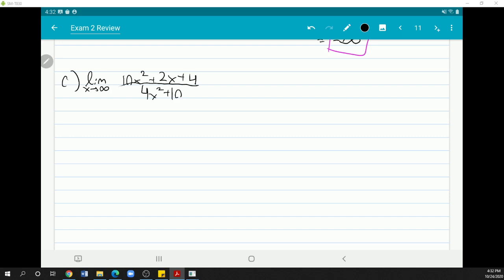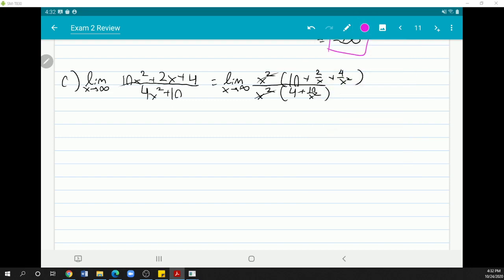And what do I want to do here? Same thing I did on the last two problems. I want to take out the x squareds. And I get 10 plus 2 over x plus 4 over x squared, over, and here I'm going to start going a little bit faster, 4 plus 10 over x squared. So the x squareds both cancel.